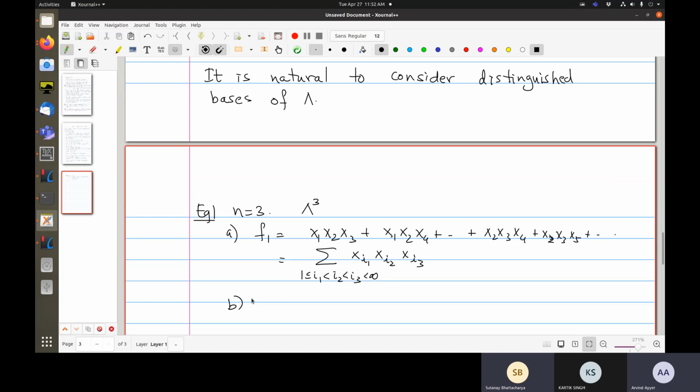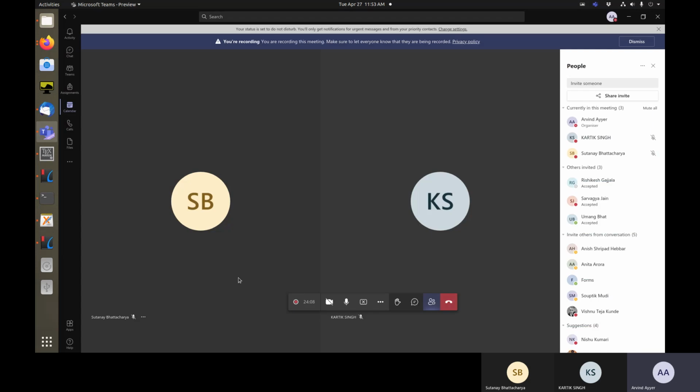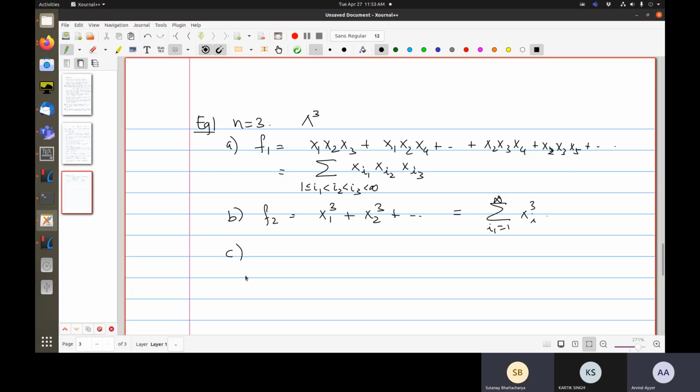x1 cubed plus x2 cubed plus. Very good. So f2 is x1 cubed plus x2 cubed plus etc. This is even simpler to write down: the sum over i going to infinity of xi cubed. Anything else? There are terms like x1 squared x2 plus all the symmetric parts.